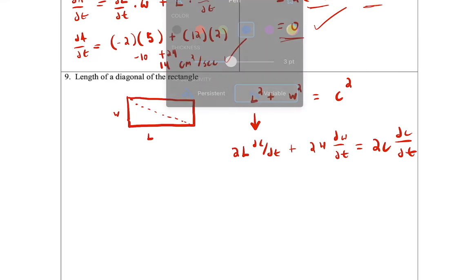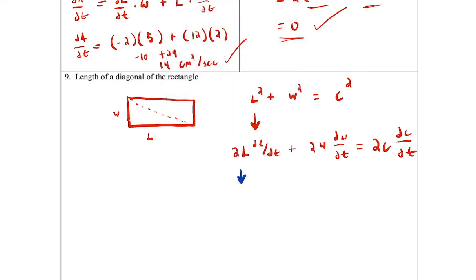And I love this problem because you start to see what happens at the very end. 2 times, remember we're told the length is 12 and the width is equal to 5. 2 times 12 times dL/dt, you'll remember, is negative 2, plus 2 times the width 5, dW/dt, we're told is positive 2, is equal to 2 times, what's c? c, remember, is the diagonal of this rectangle.